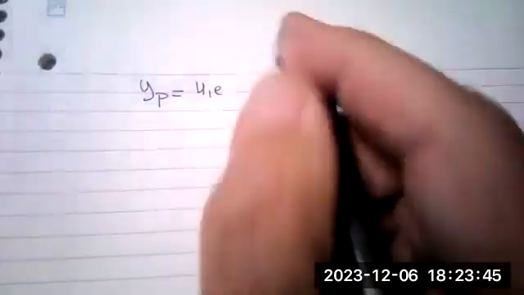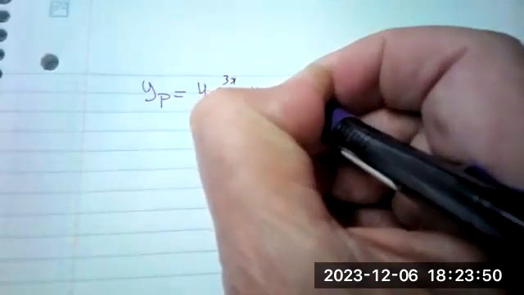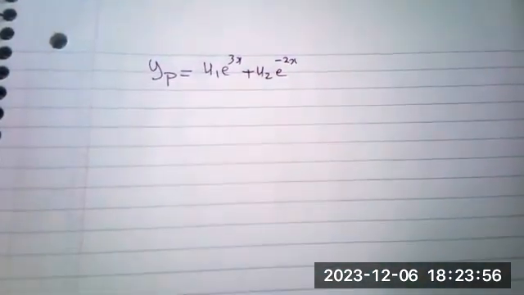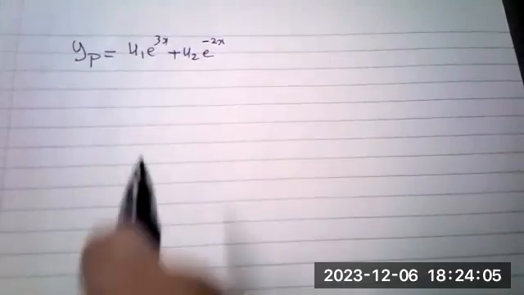We pick the 3x pair. Okay, e to the 3x plus u2 times e to the negative 2x. The solutions were e to the 3x and e to the negative 2x, and the double check. That's it. Okay, now you substitute to simplify it.